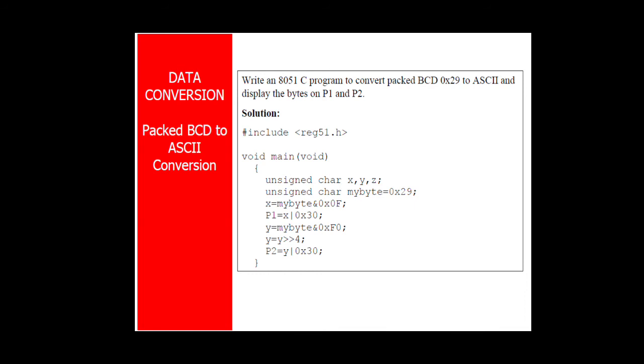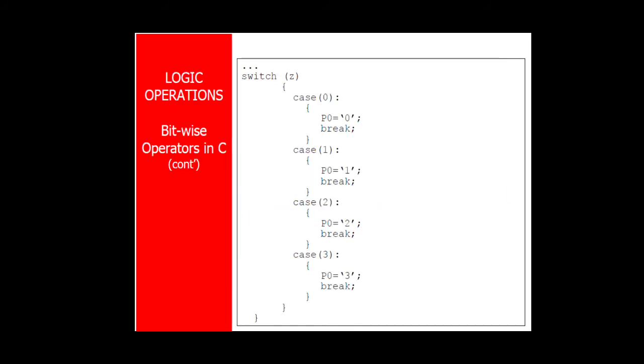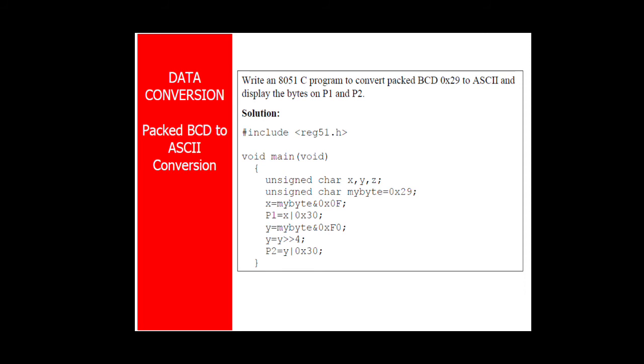In the main function, three variables x, y, z of unsigned char data type are declared, and then we have another variable of the same data type which is initialized with the value 29H. Then x is equal to mybyte ANDed with 0FH.